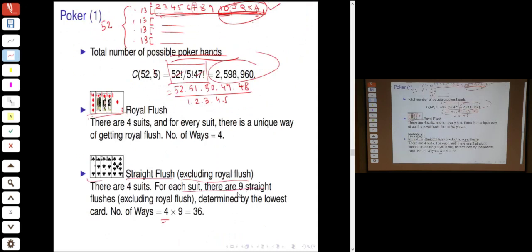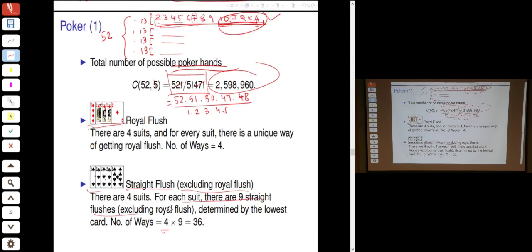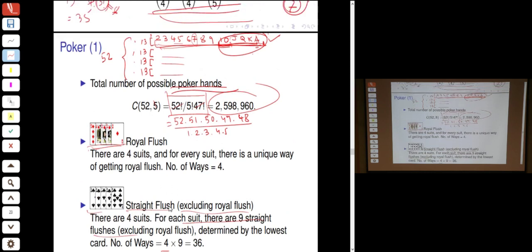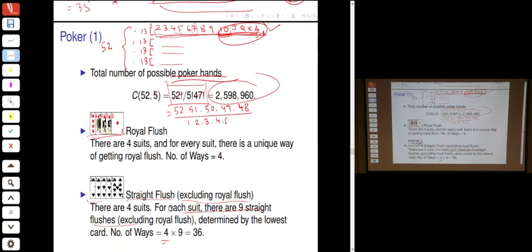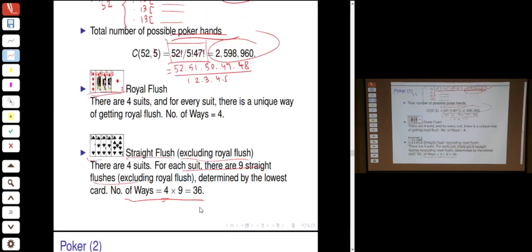So, for each suit there are 9 straight flushes including the royal flush and determined by the lowest card. So, that gives you the total number of ways to be 4 times 9, which is 36. Okay? Any questions? Okay.